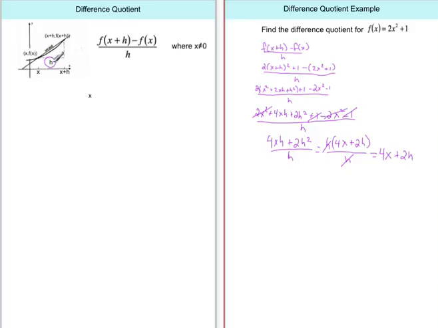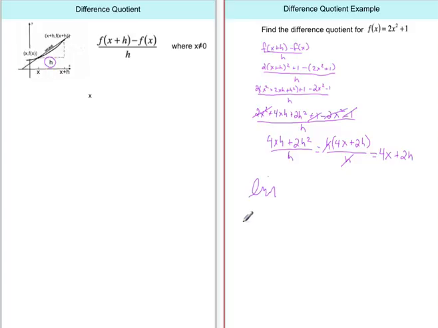as h goes to 0, we call that a limit. As the limit of my difference quotient, as h goes to 0, I'm going to actually write this down.